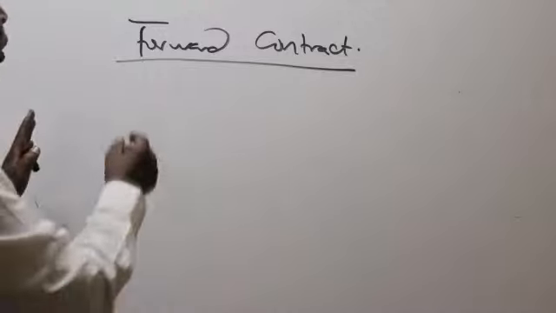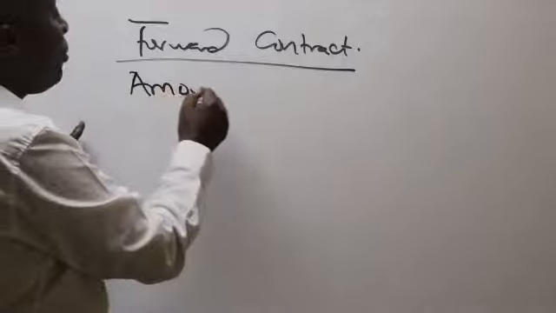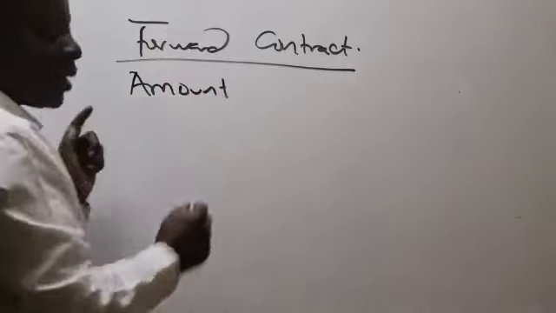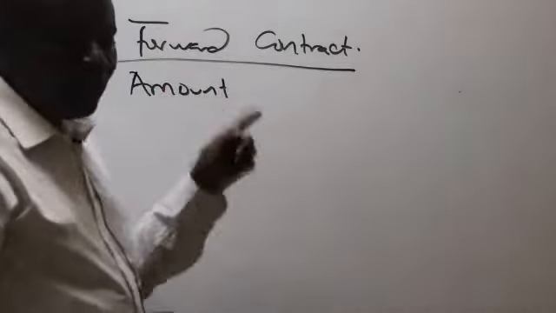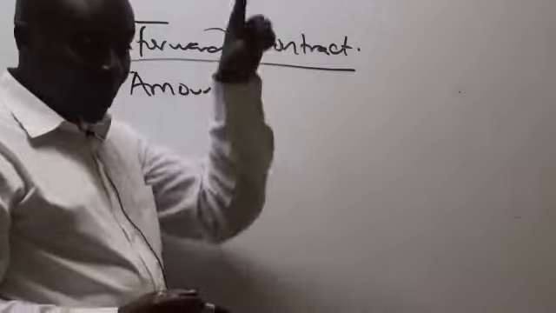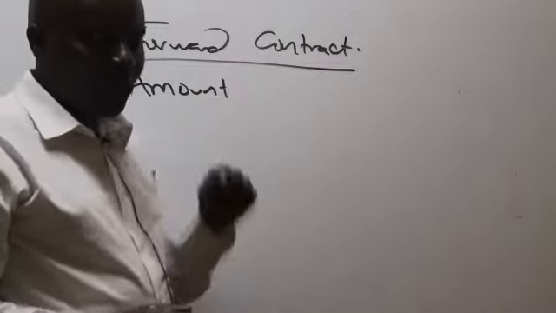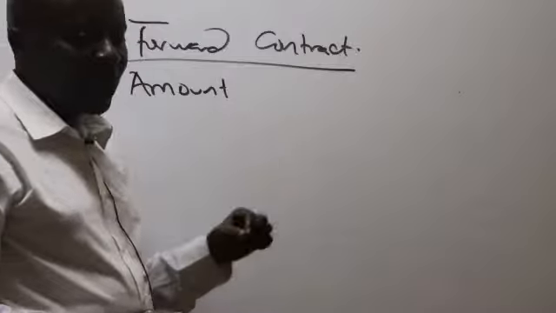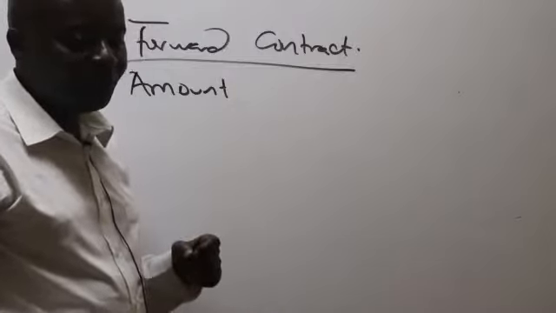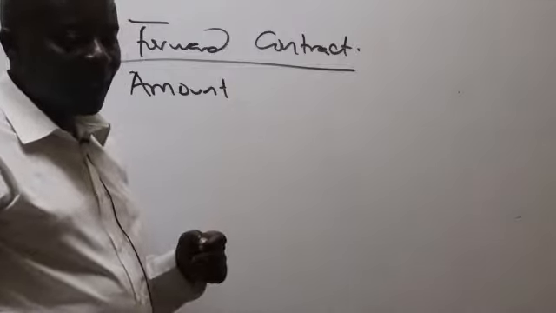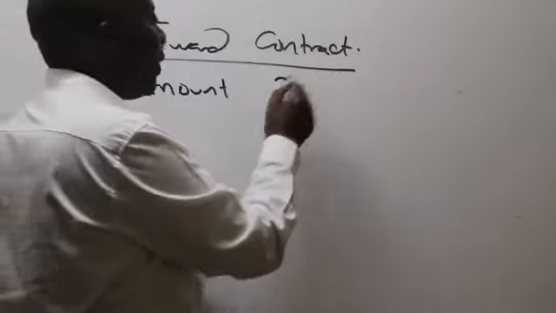So for the forward contract, I would want the amount to be paid. I want the amount in the question. Is there somebody who is able to see the cash in this question? $365,000 US.